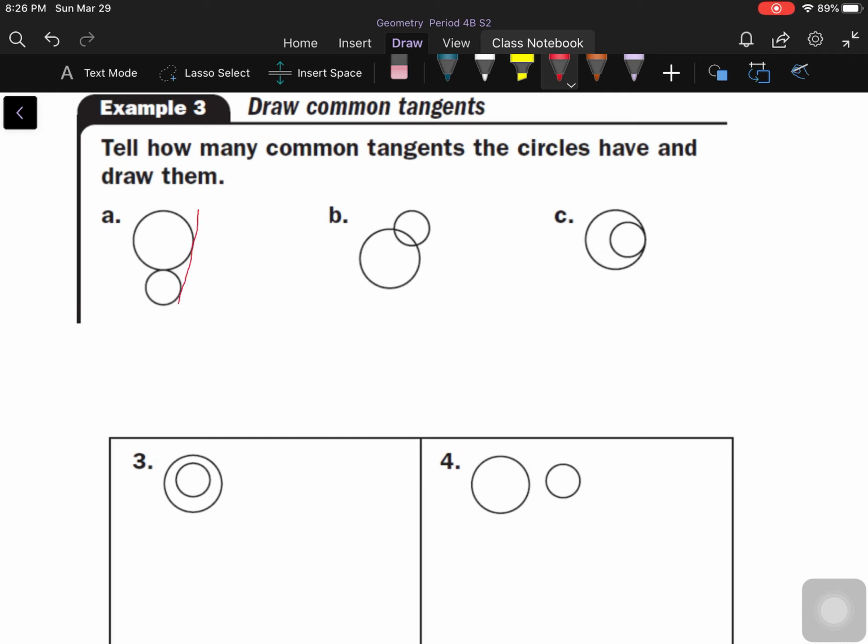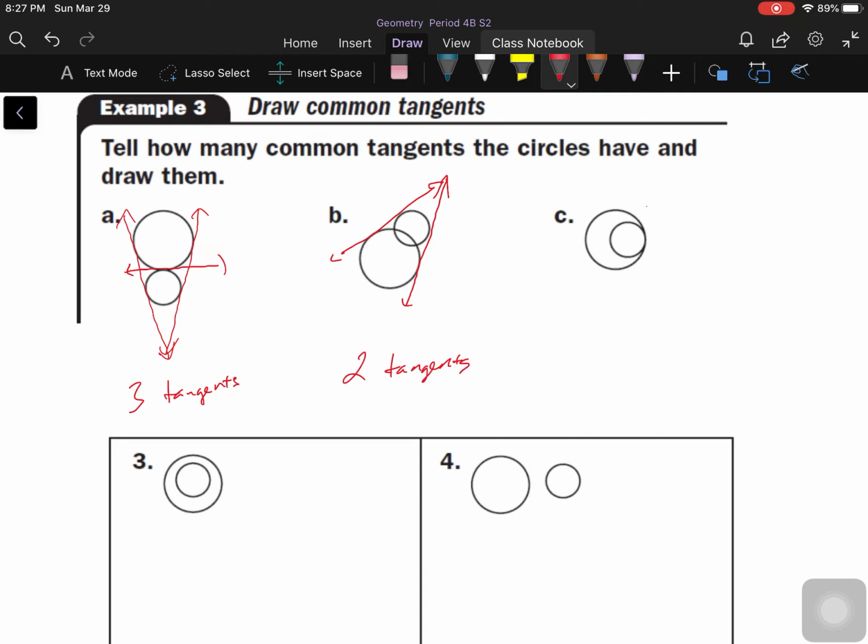The circles are touching at one spot right there, so we can say that there would be 3 tangents. Okay, part B. We're going to have this outside edge, this outside edge, and there'd be no other line that's going to touch at one spot, so this one is going to have 2 tangents.